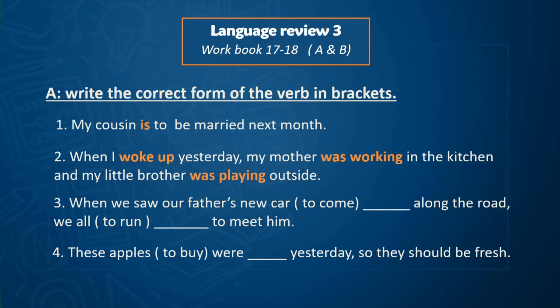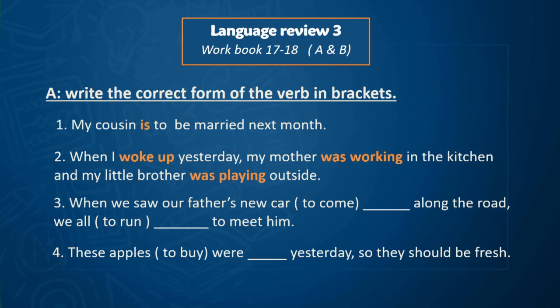When we saw our father's new car come here along the road, we all to run to meet him. To come and to run. Okay, there is a sense verb here.